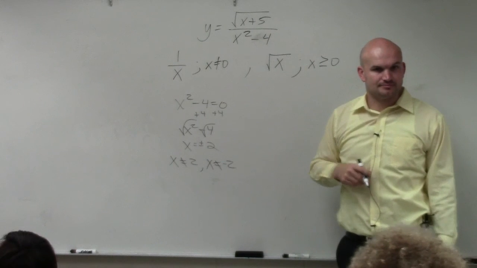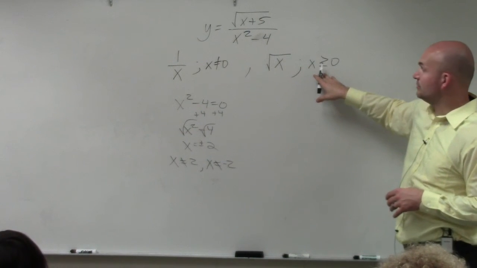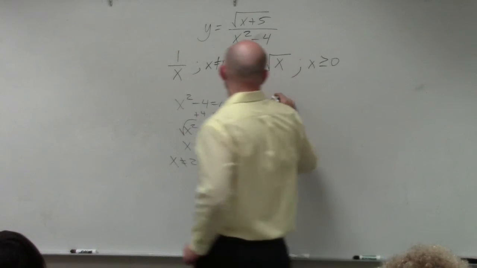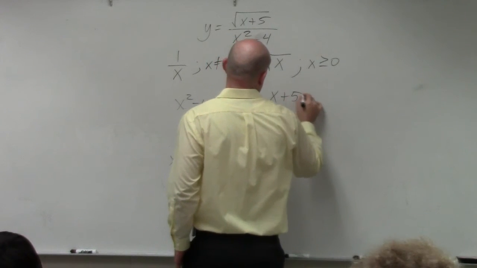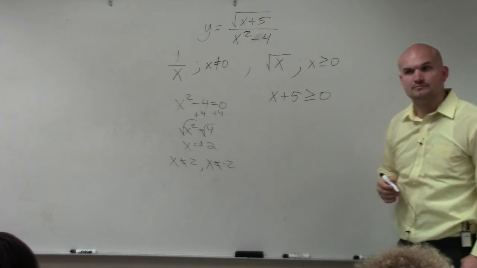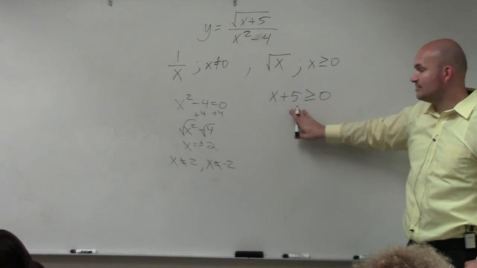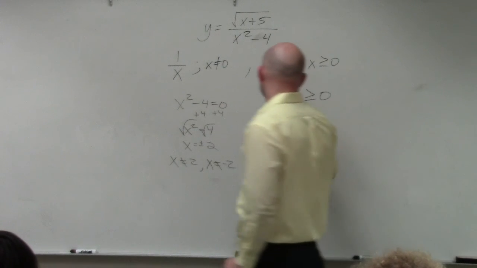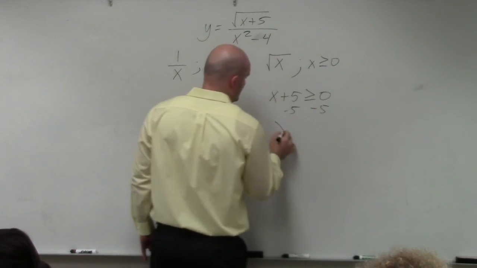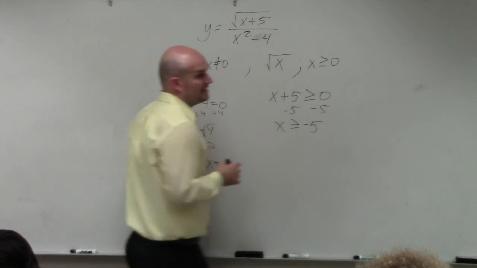Make sense? Anytime you have a radical, we have to set it to be greater than or equal to 0. So all I'm going to do is take my radicand and set it greater than or equal to 0. Then we go ahead and solve for x. So we know that x has to be greater than or equal to negative 5.